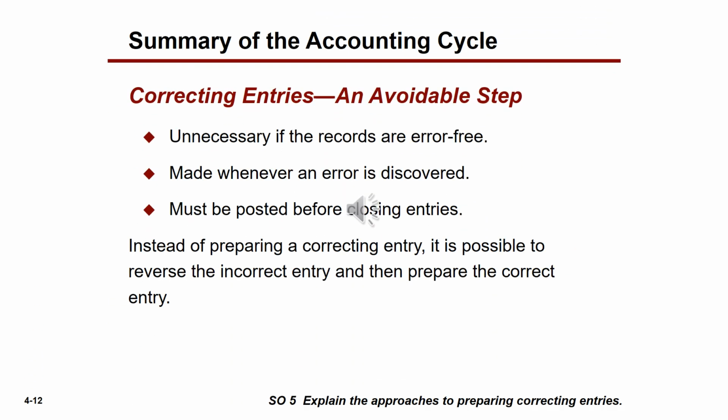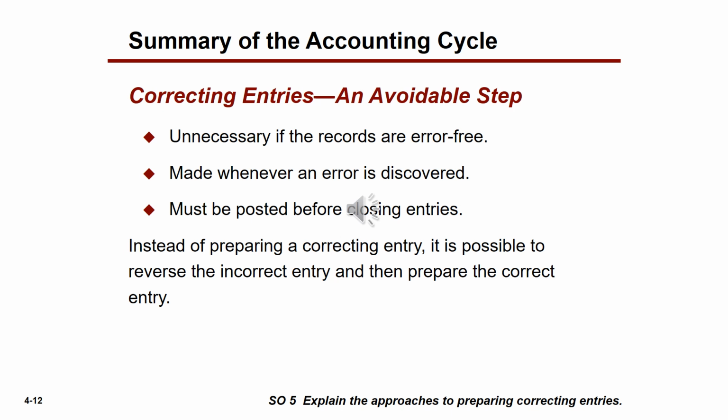Now we can move on to the 5th learning outcome for today's lecture, which is to prepare correcting entries. Correcting entries are, of course, unnecessary if the records are error-free. So if you went through the accounting cycle and everything seems fine, and you couldn't identify any errors or mistakes, then you don't necessarily need to make correcting entries.